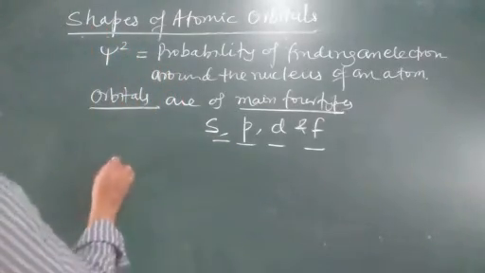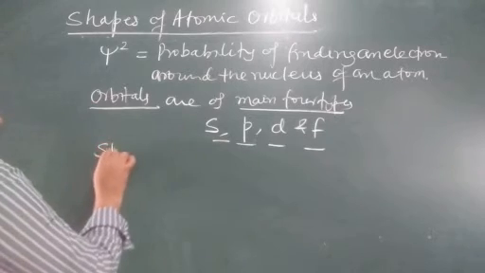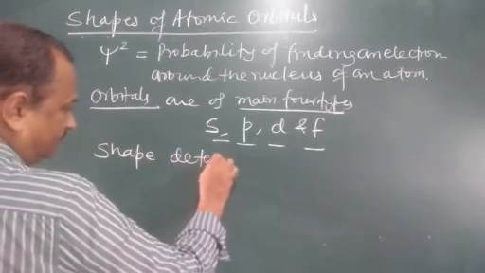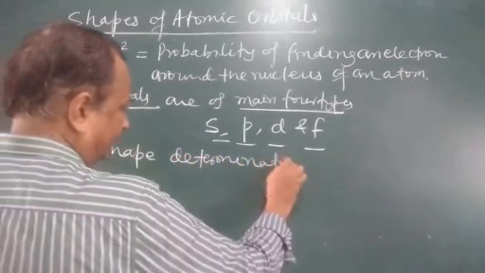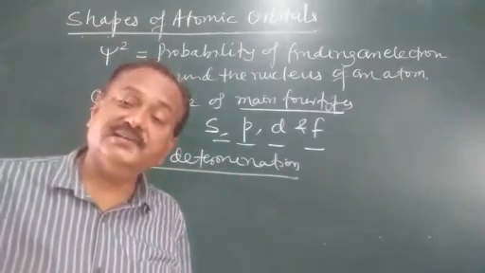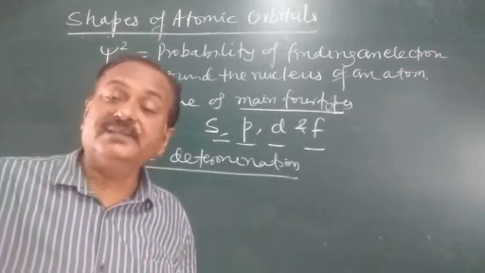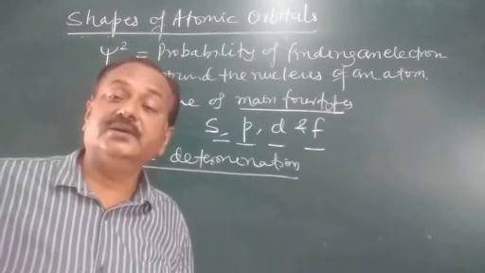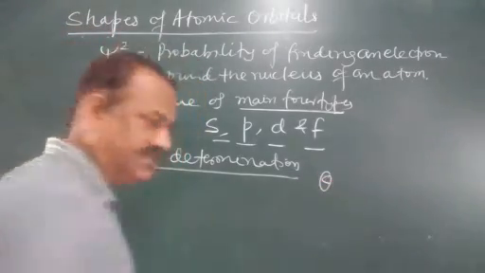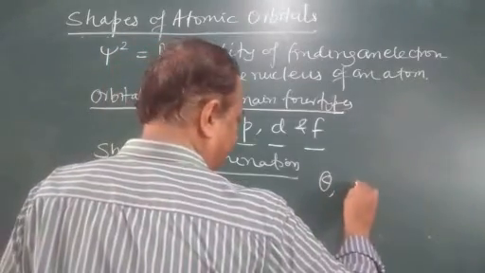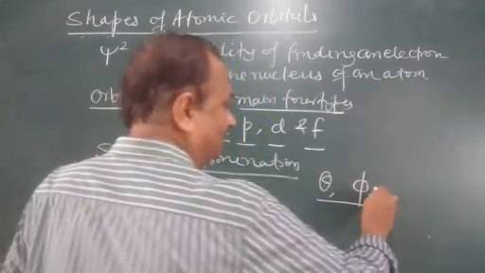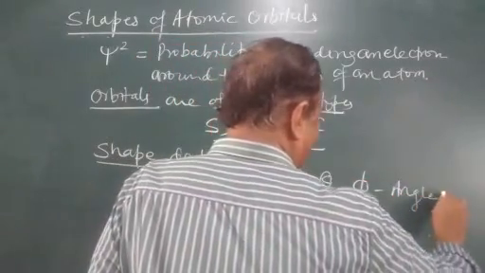Now children, coming to how we determine the shape of an orbital. Actually children, there are different mathematical quantities, mathematical operators. You all must know it. Like see, this is theta, then we have this phi.